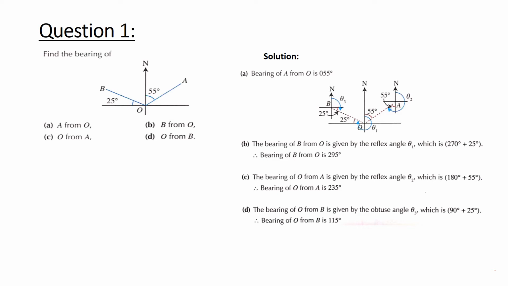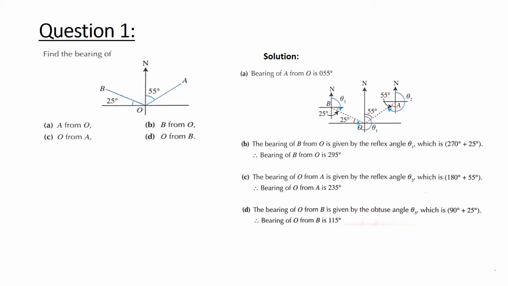See its solution on the right side of your screen. Bearing of A from O is 055 degree because the angle measured from north is 55 degree given to you, and this angle is taken in the clockwise direction. B part, the bearing of B from O is given by the reflex angle θ1, which will be 270 plus 25.